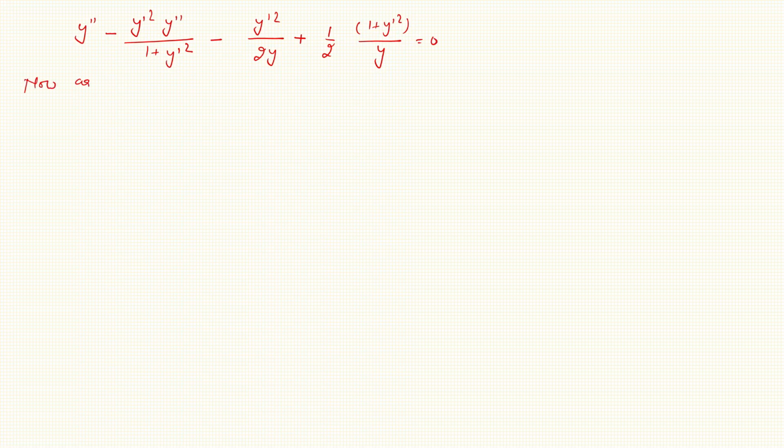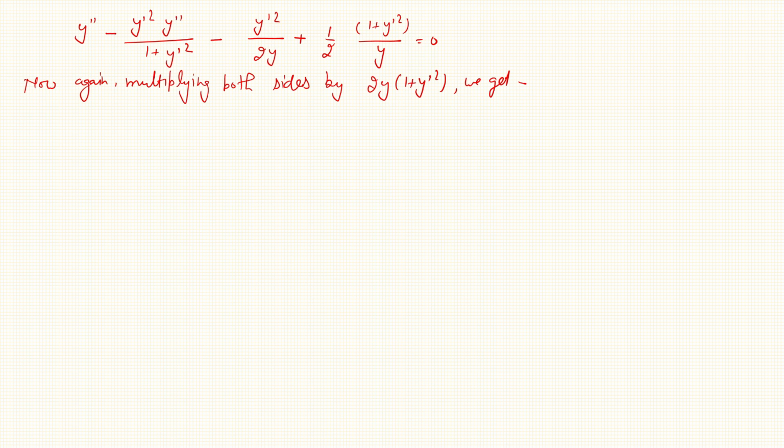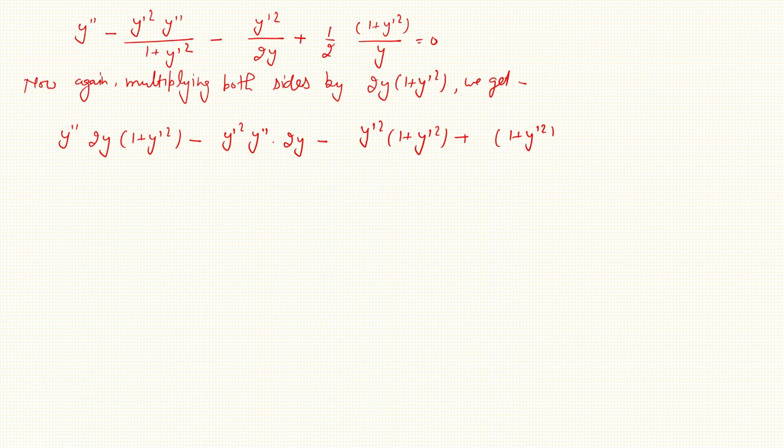Now again multiplying both sides by 2y (1 plus y prime square), we get y double prime 2y (1 plus y prime square) minus y prime square y double prime into 2y minus y prime square (1 plus y prime square) plus (1 plus y prime square) whole square is equal to 0.